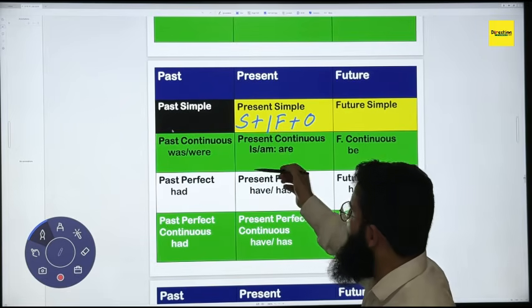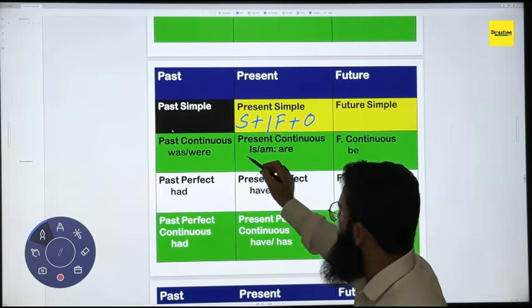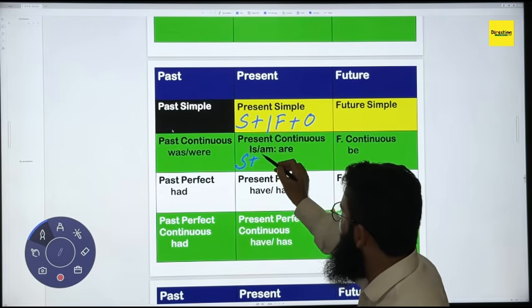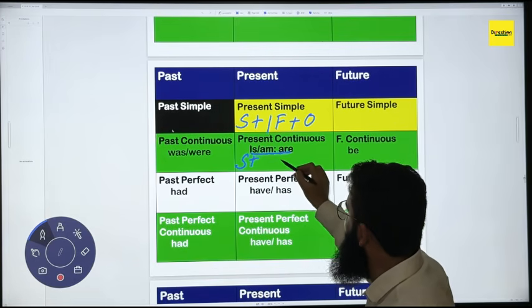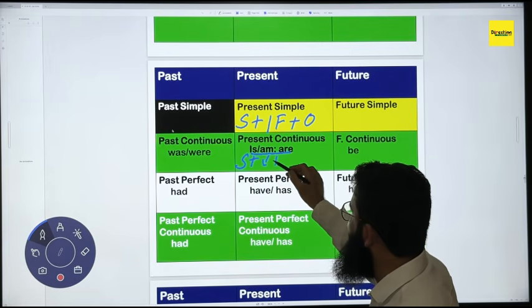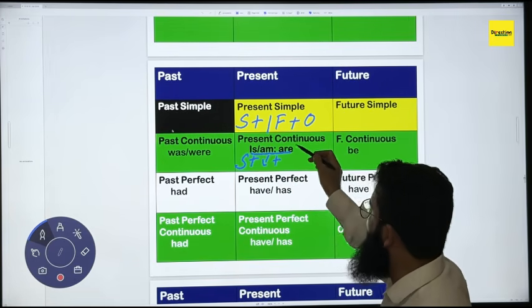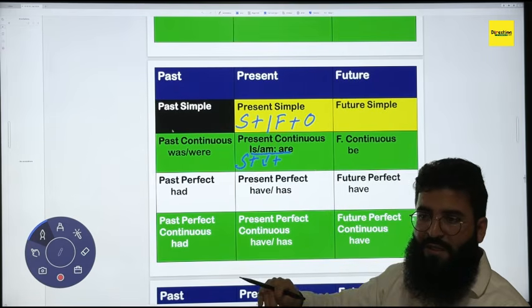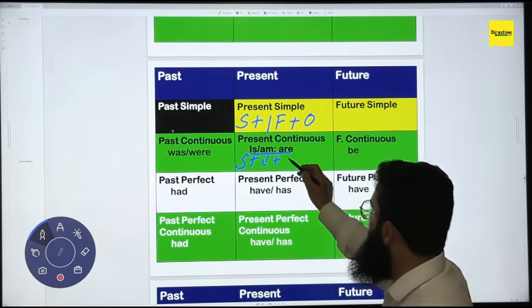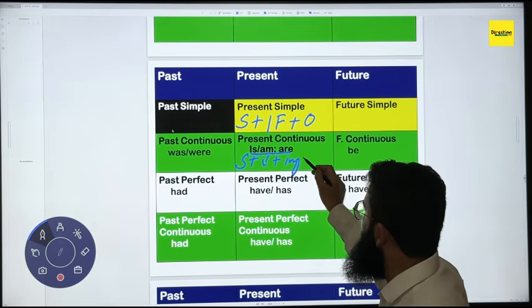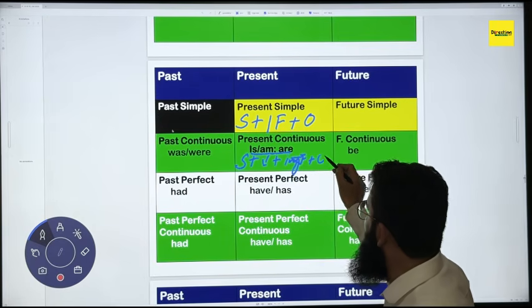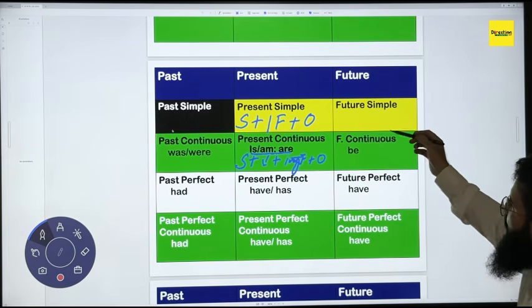And here it will be different. We have to add helping verb also. Now subject plus these 3, is, am, are. Okay, that's here. Plus which form of verb? Continuous. Whenever you hear continuous, then ing form. Ing form plus object.